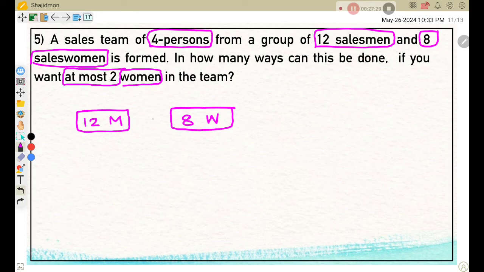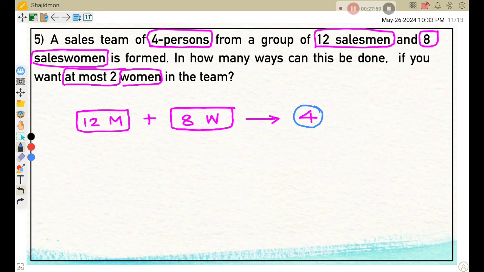This is the sales team. From this I want to create a sales group of 4 persons. We are selecting 4 people at a time from 12 men and 8 women, like a committee, a sales committee or sales group.